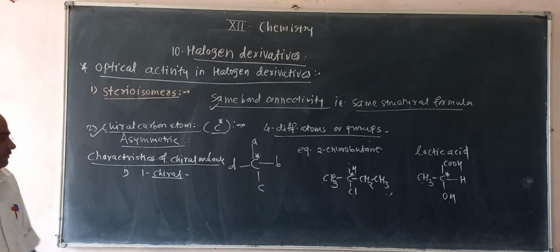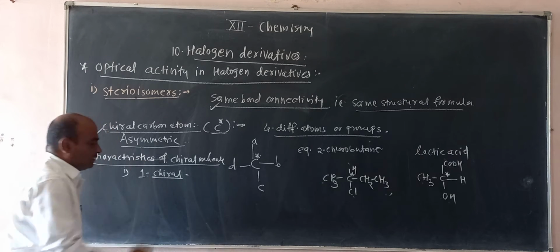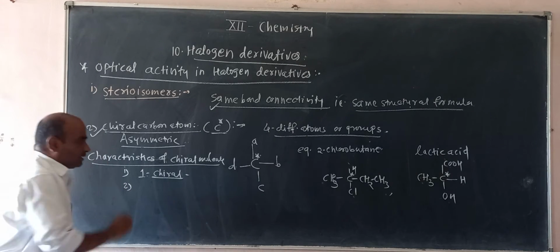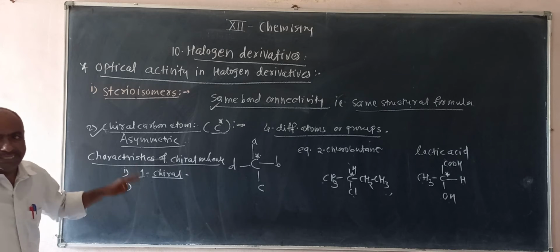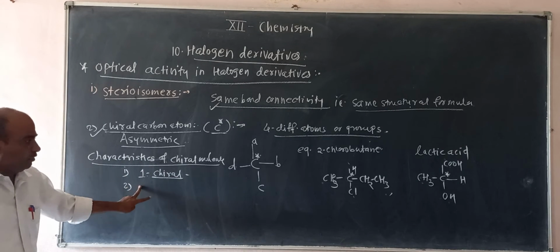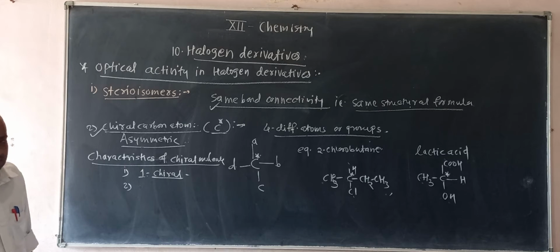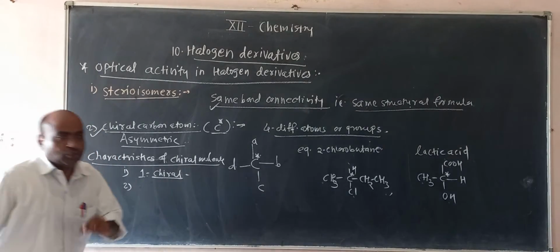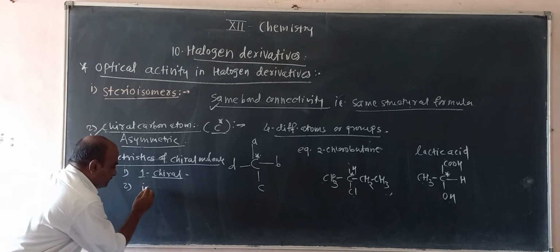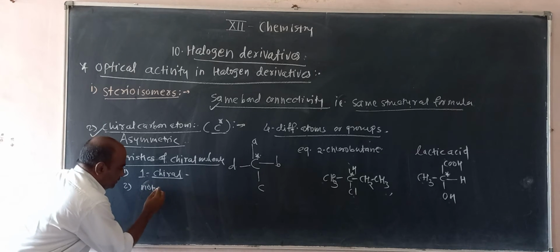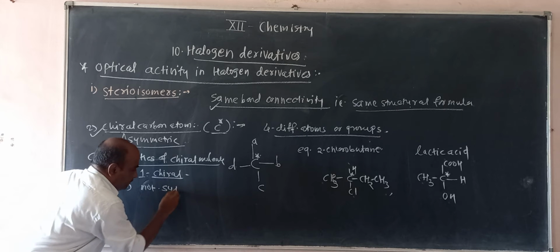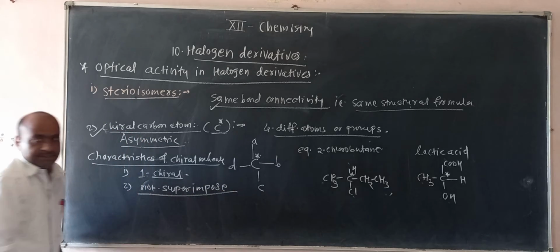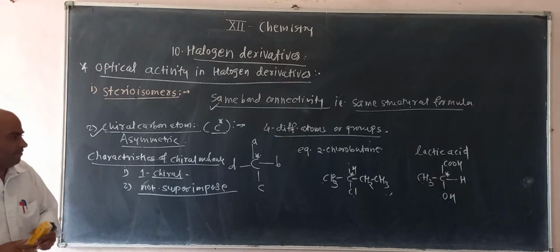Second, a chiral molecule and its mirror image are found to be non-superimposable on each other. That means they are not coincident with each other.